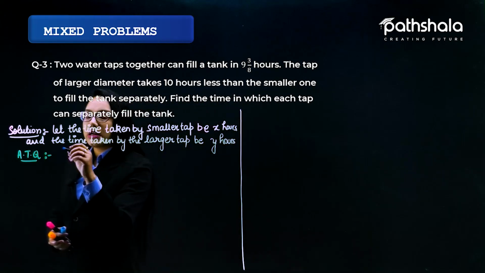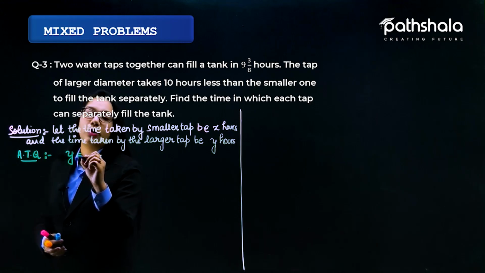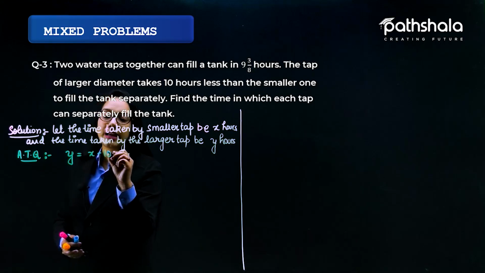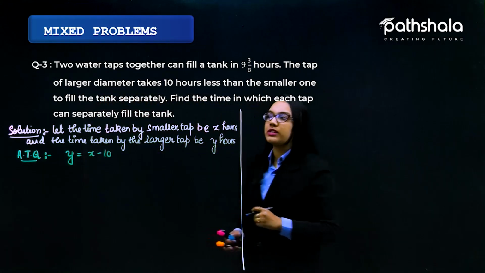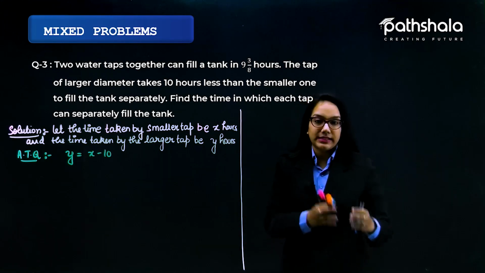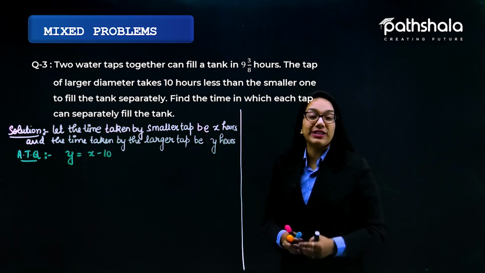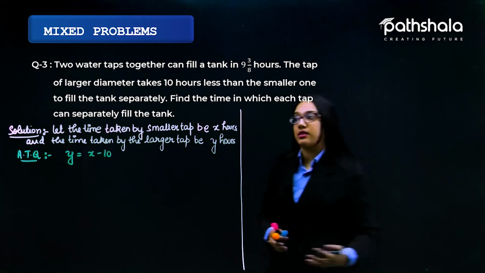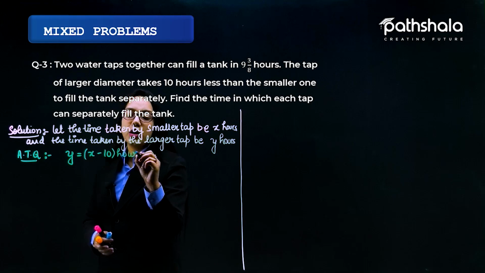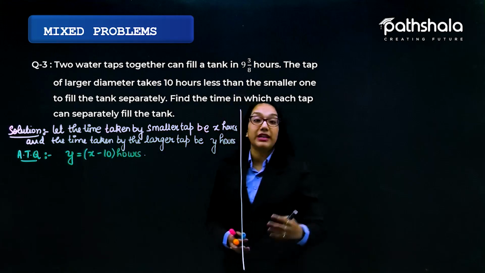What does it mean? According to the question, the time taken by the larger diameter tap is 10 hours less than the smaller one, which means the time taken by the larger tap, that is y, is equal to 10 hours less than the smaller one, meaning x minus 10. According to the condition, the time taken by the larger tap should be of the form x minus 10, and that is y. So in place of y, we can use x minus 10 hours. So y is equal to x minus 10 hours.